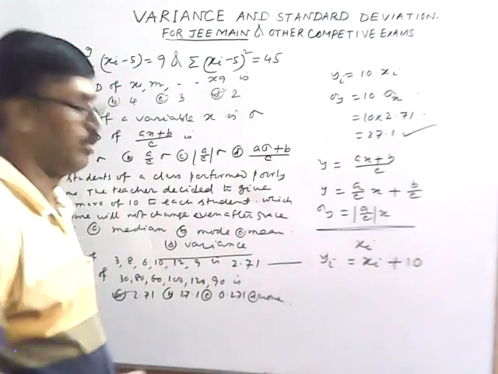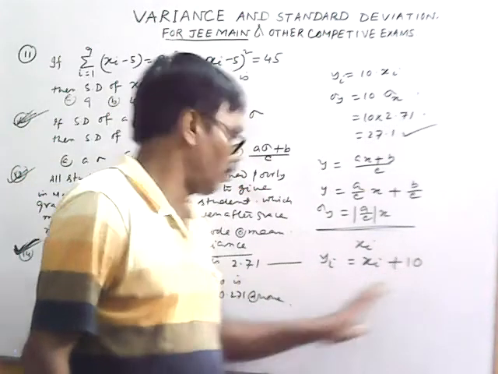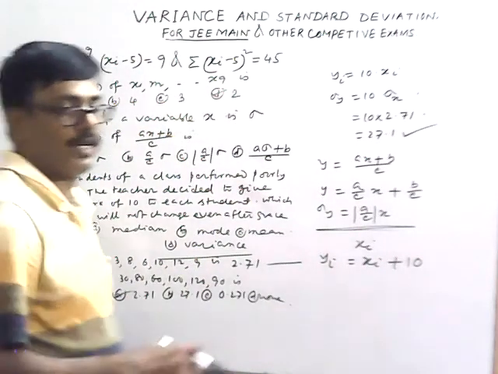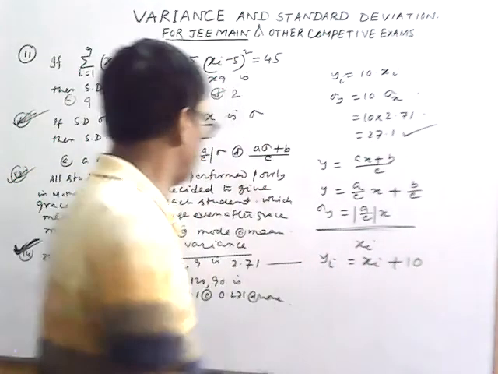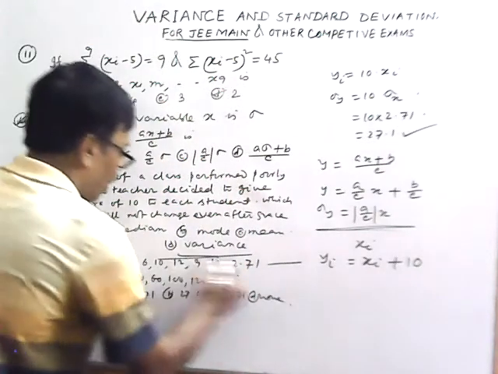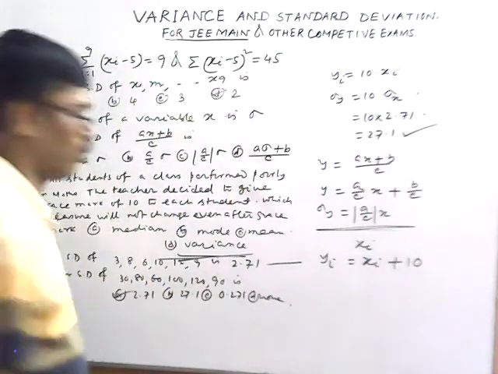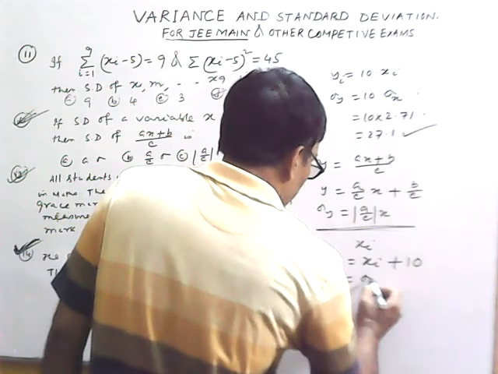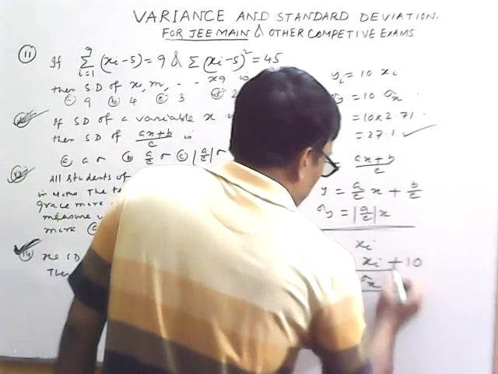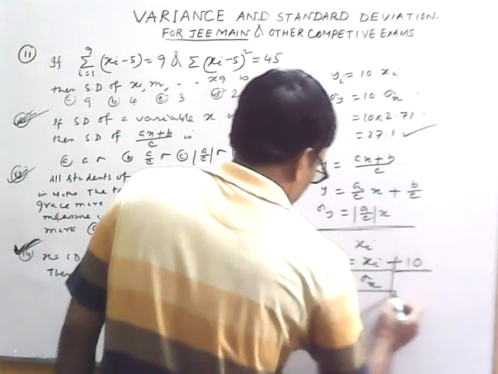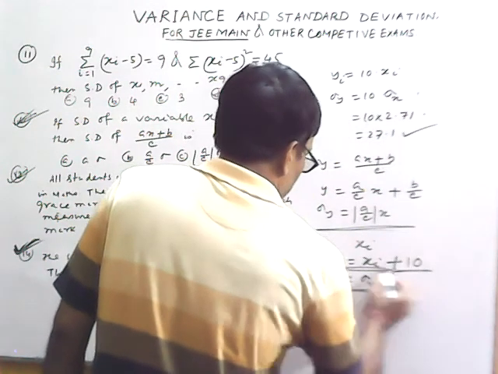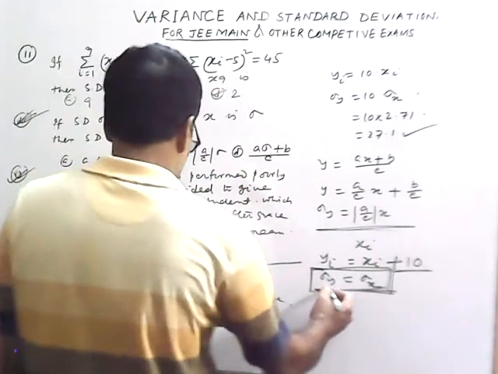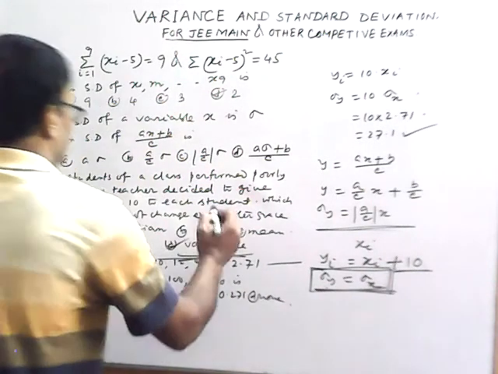So the mean changes. Similarly, each observation changes, so the median changes and the mode changes, but the variance does not change. Why? Because we get this type of relation, sigma y equals sigma x only, since this is a change of origin. So the standard deviation does not change, therefore the variance does not change. So the answer is variance.